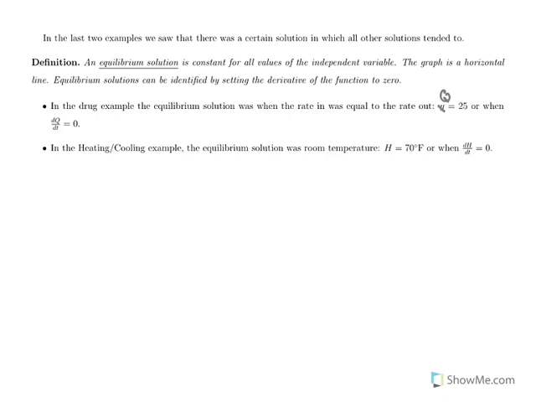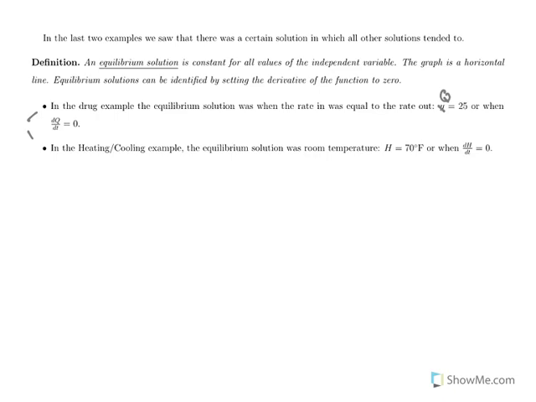So what this is representing is something called an equilibrium solution. And an equilibrium solution is a constant for all values of the independent variable. That graph is a horizontal line, and equilibrium solutions can be identified by setting the derivative of the function equal to 0.